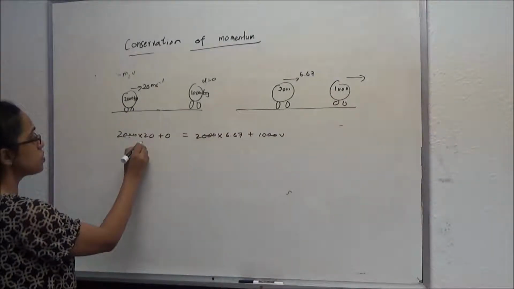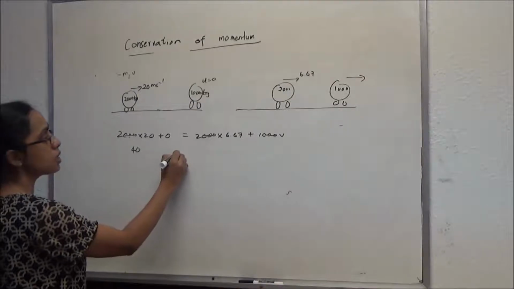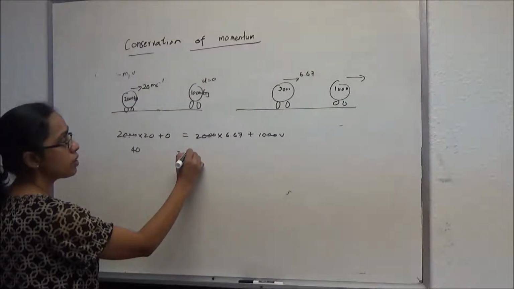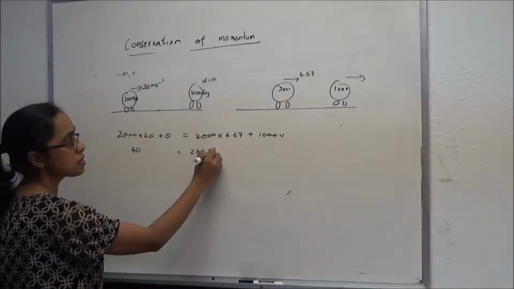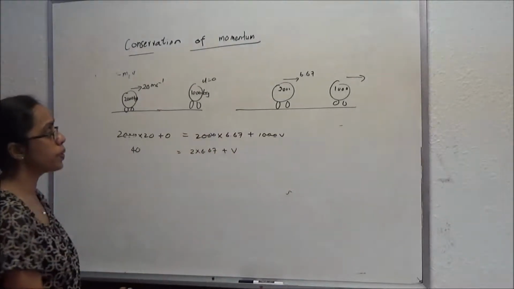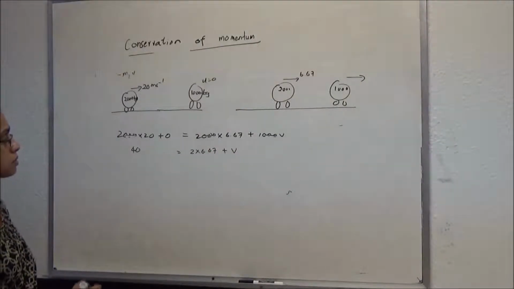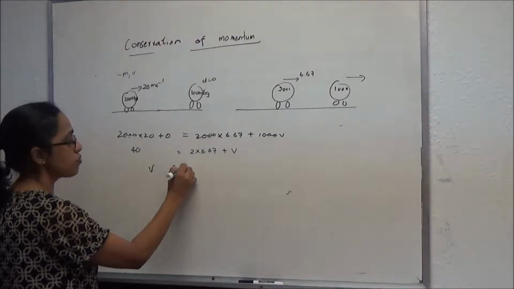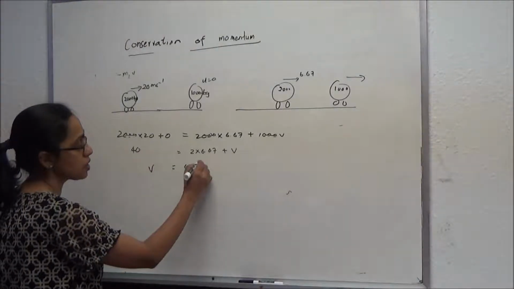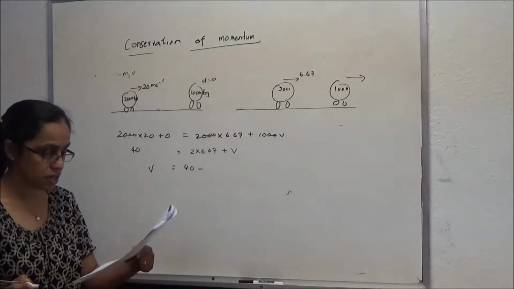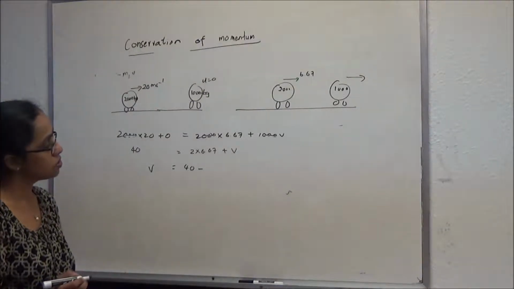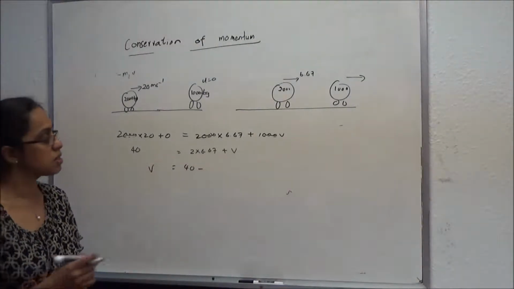So this should be 40 equals 2 into 6.67 plus V. So V is 40 minus whatever it is. Do you understand that? So it should be 12, 13 something.